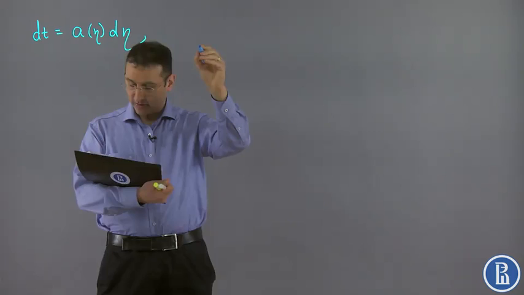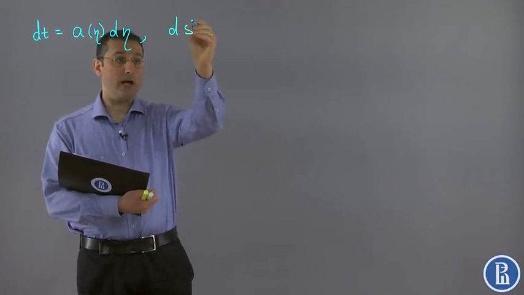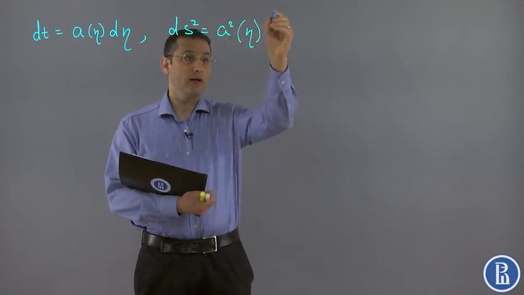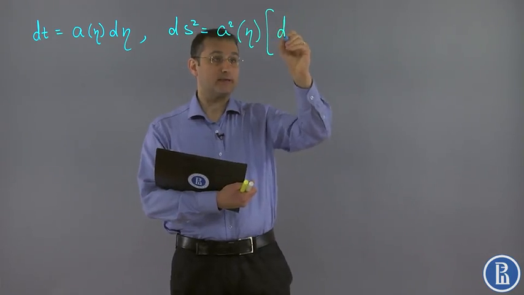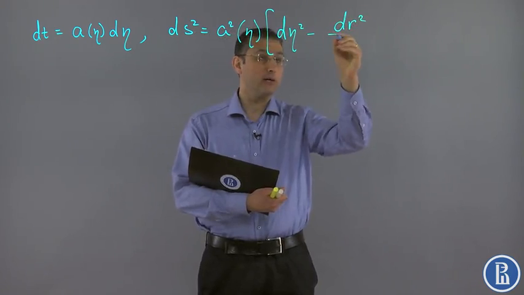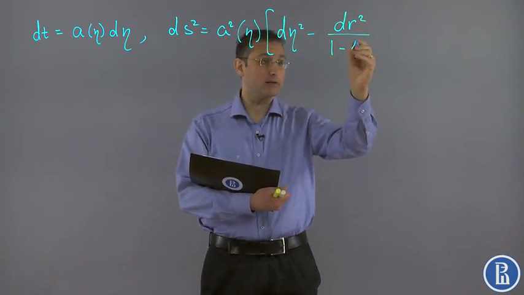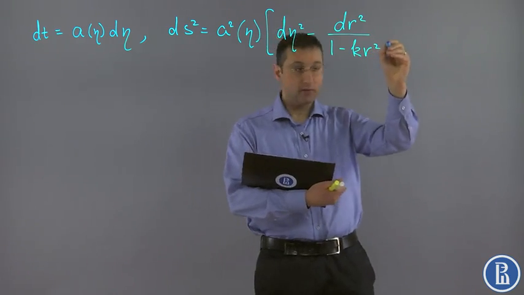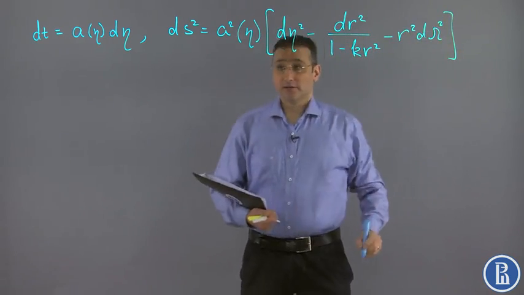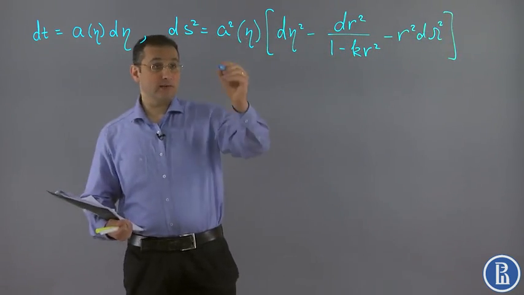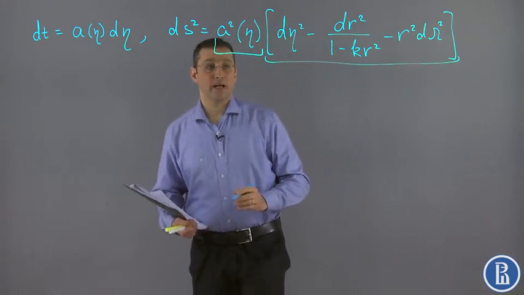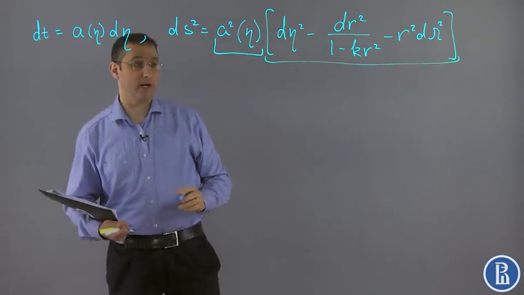Then our metric that we are discussing will acquire this form: d eta squared minus dr squared over 1 minus k r squared minus r squared d omega squared. So the metric has this conformal factor and is conformal to this metric. This eta is called conformal time.